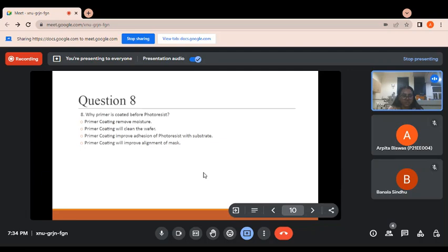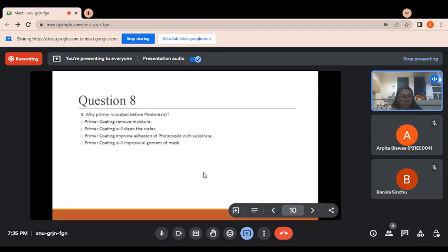It is also a hint that if you want to remove any moisture or water molecule, you simply heat or bake, soft baking, and hard baking is also present. In that case also the moisture can go. So it is not the right answer.